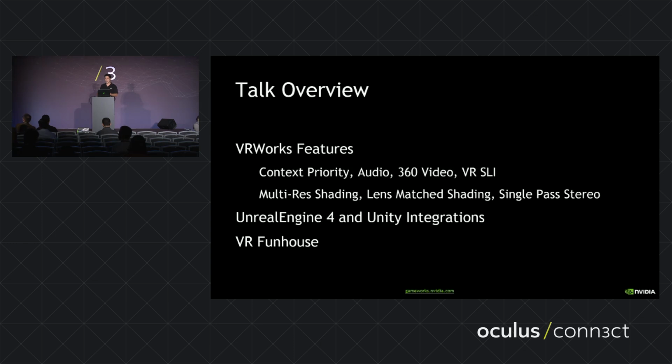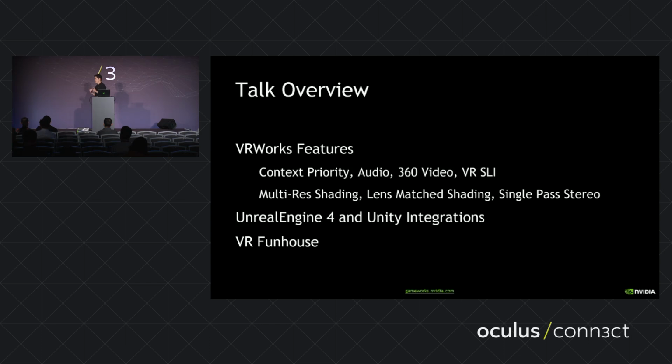I'm going to go into some features that optimize latency, features that optimize rendering performance, both steady-state rendering performance and latency, things that allow you to have higher quality or a better quality-speed trade-off given the VR context. And I'll also be talking a little bit about some new features that are actually not graphics related around audio and 360 video stitching that are super exciting and new additions to the VRWorks framework.